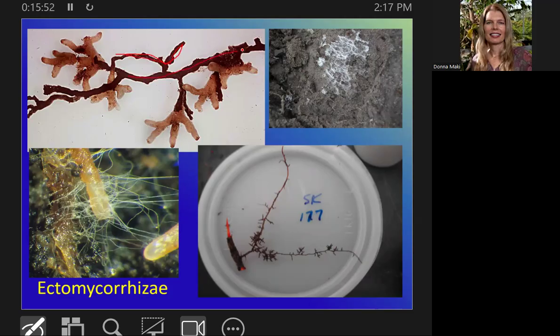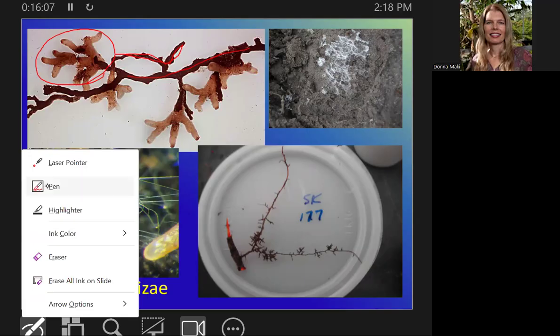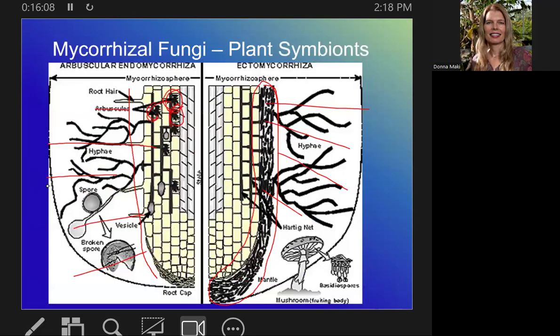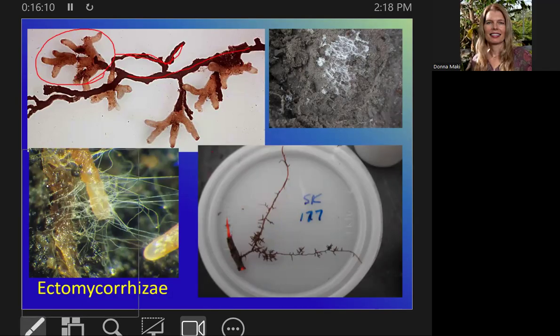And then this lighter tannish reddish color is the ectomycorrhizal fungi hanging out on the root surface. That's actually fungal hyphae so tightly growing together that it does look like the mushroom tissue that you eat on your pizza or something.